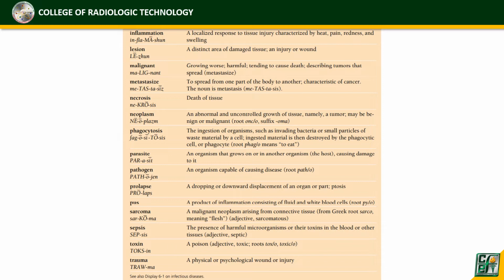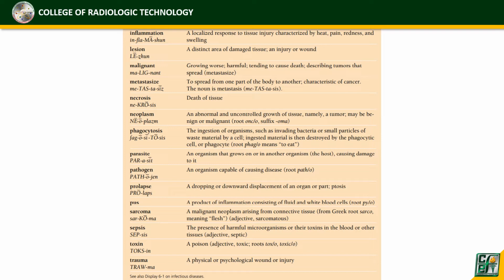Then pus, a product of inflammation consisting of fluid and white blood cells with the root pi or payo. Okay, then the sarcoma. Again, sarcoma is the cancer of connective tissues, bones, and muscles. Okay, sarco meaning flesh. Okay, from the Greek word sarco, flesh.